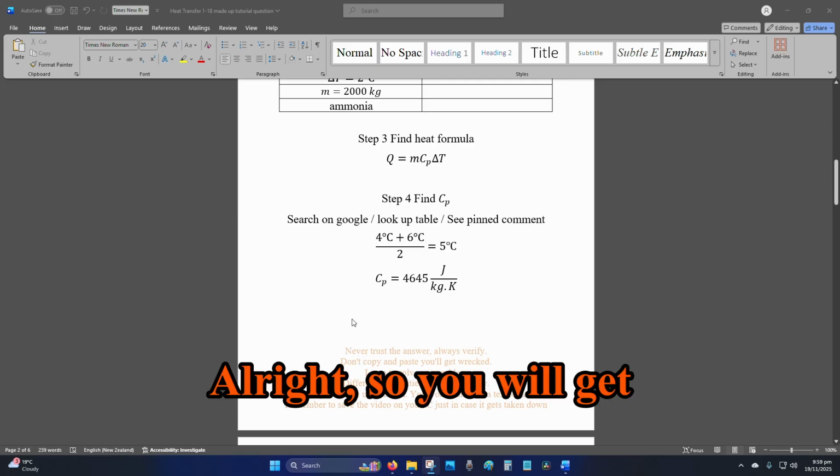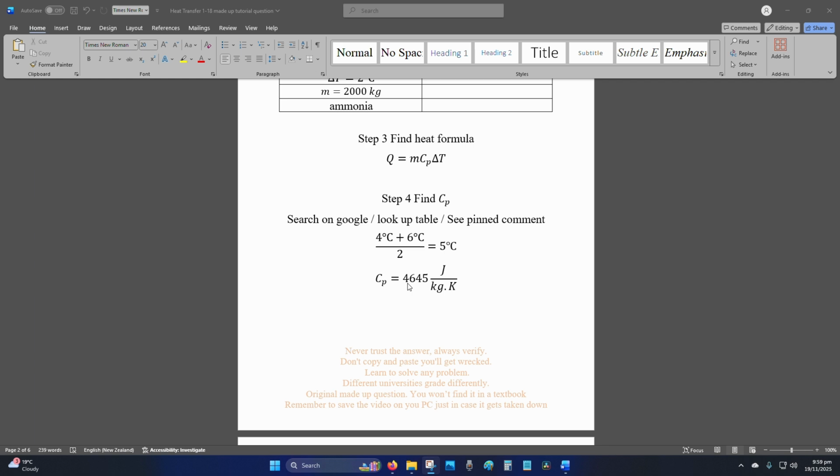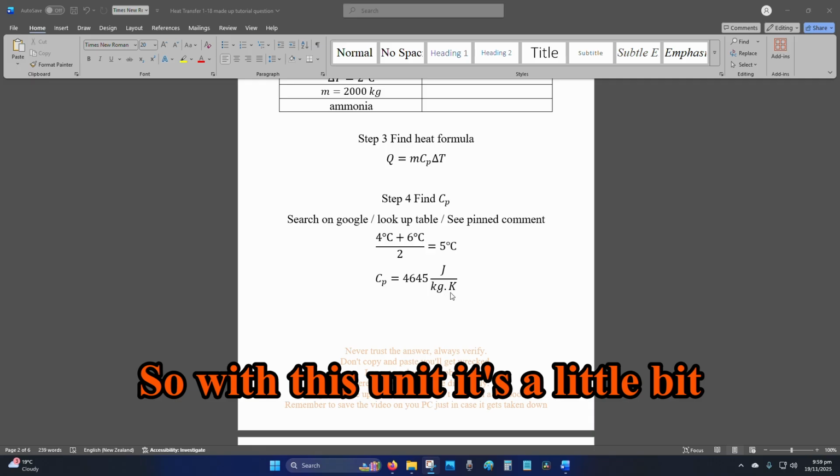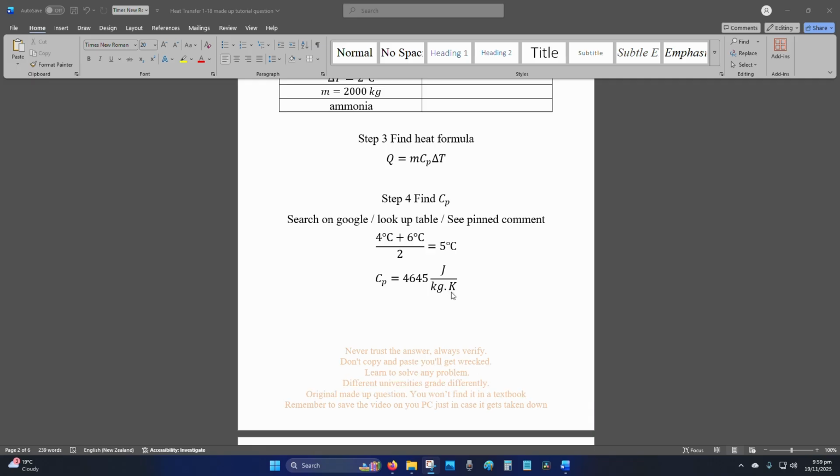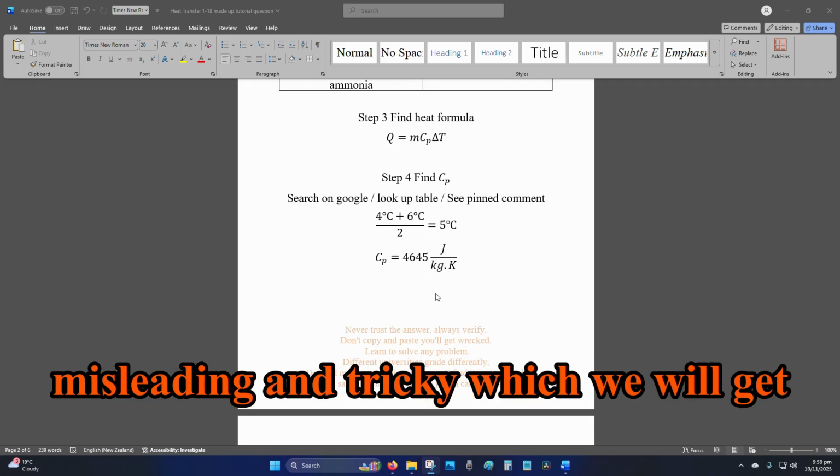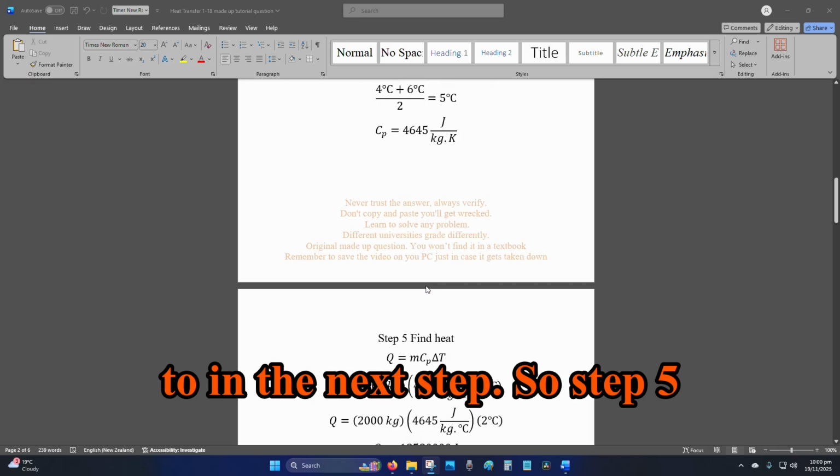Alright, so you will get 4,645 joules per kilogram per Kelvin. With this unit, it's a little bit misleading and tricky, which we will get to in the next step.